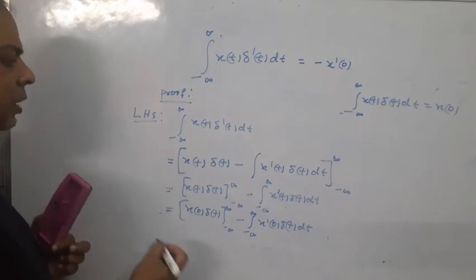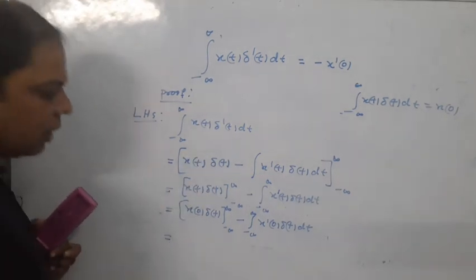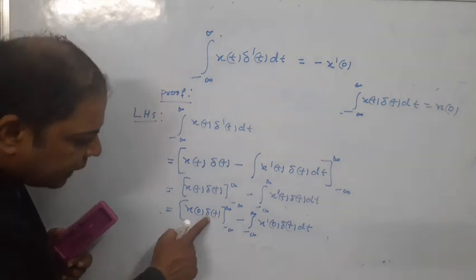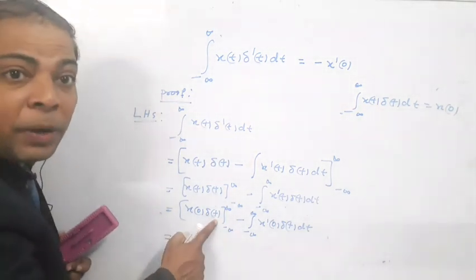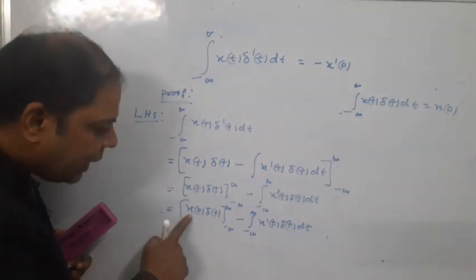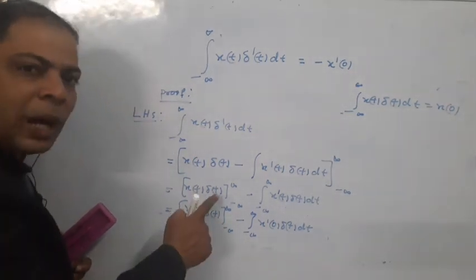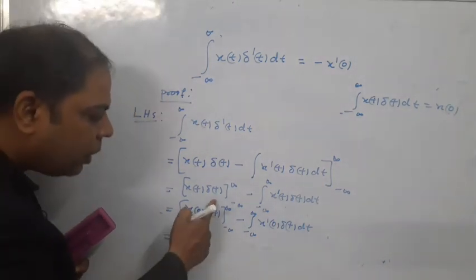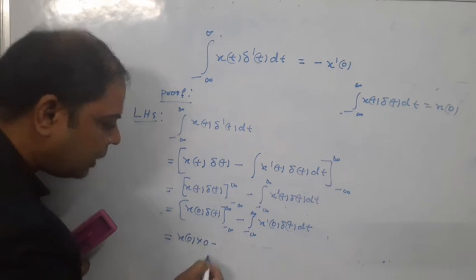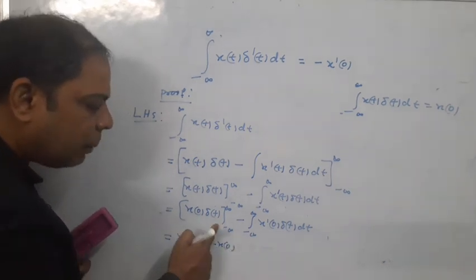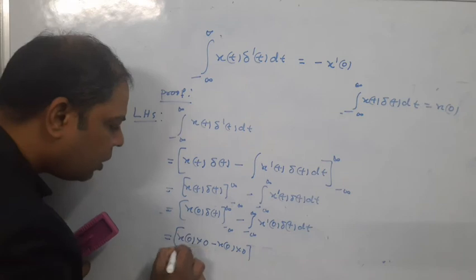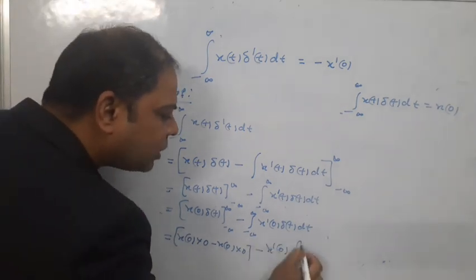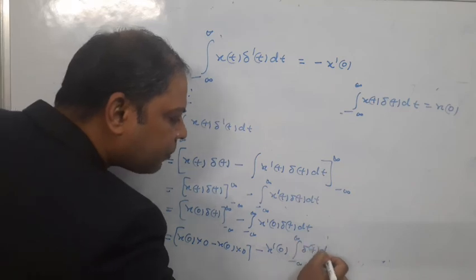Try to understand. So now what you will find is x(0), a constant. If you put infinity first, what is δ of infinity? 0. Minus x(0), and δ of minus infinity is again 0. That means x(0) times δ(infinity), which is 0, minus x(0), the constant, times δ(minus infinity), again 0, minus x'(0) taken outside, integration from minus infinity to infinity of δ(t) dt.